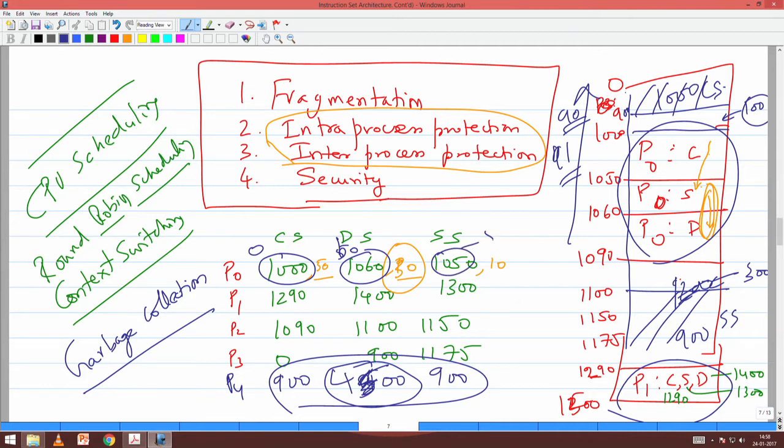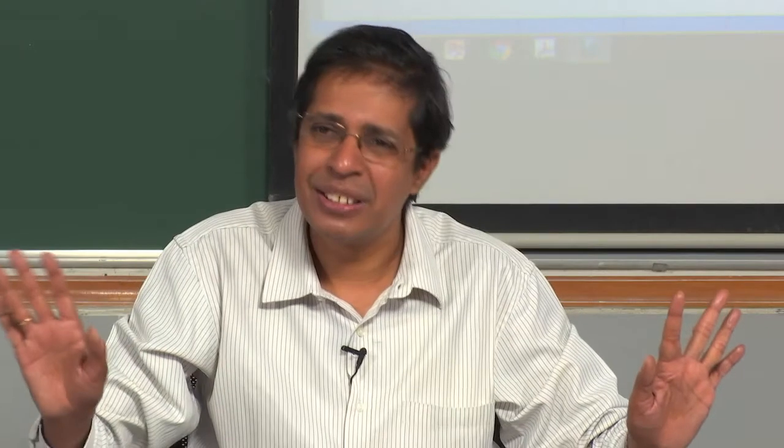I need to change these values. First I copy everything from here to there, and then I have to change the value of the segment registers. After I change the value of the segment register, please note that the program will execute correctly.